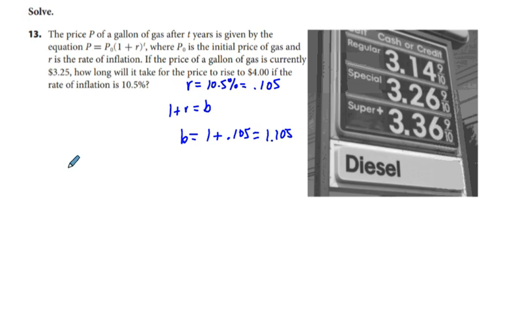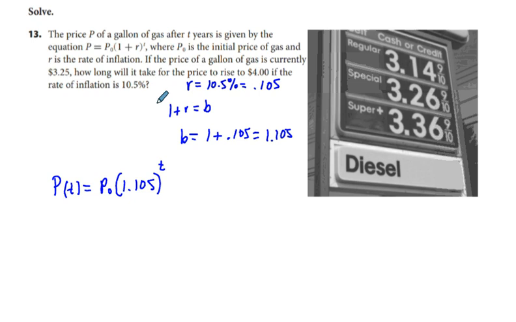So our equation is going to be P of T is equal to P sub 0 times 1.105 to the power of T.